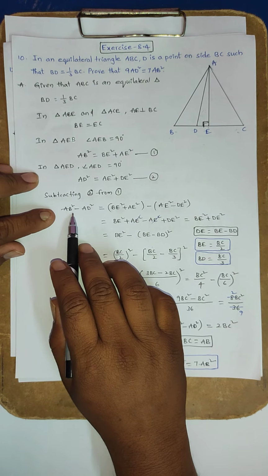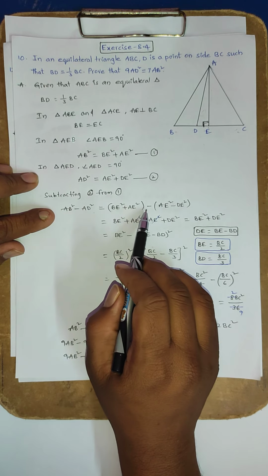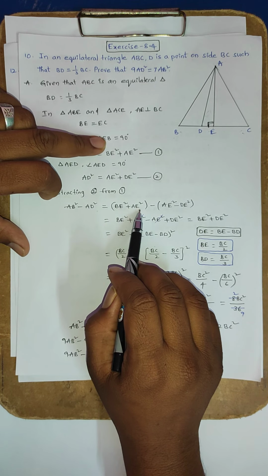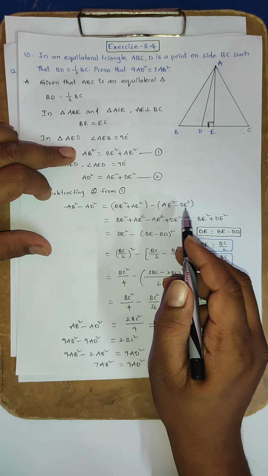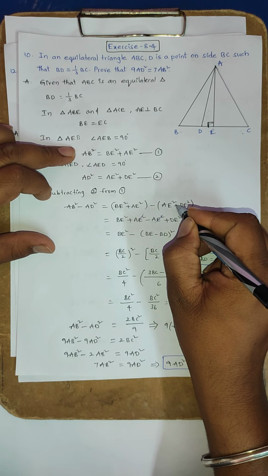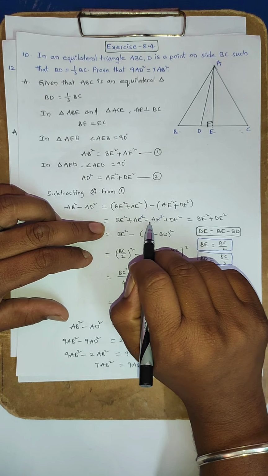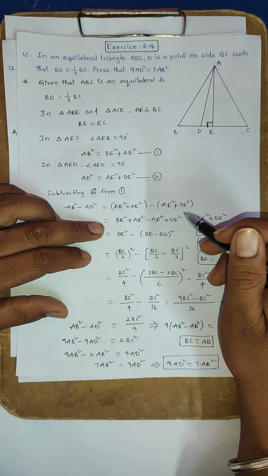AB square minus AD square, left hand side is equal to right hand side. Right hand side how much? BE square plus AE square minus AE square plus DE square.